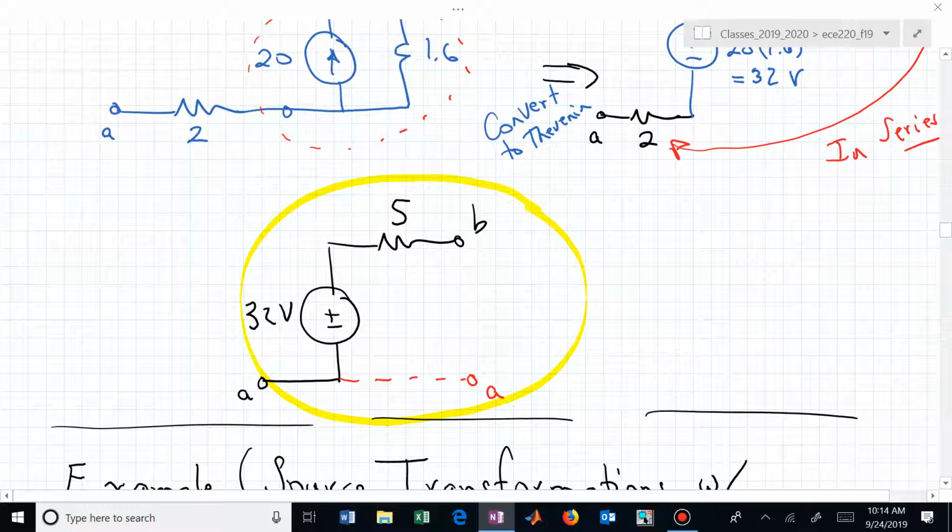So you wouldn't want to worry about power in this 5 ohm resistor or 32 volt source. You're just saying, I don't care what the power company's giving me.